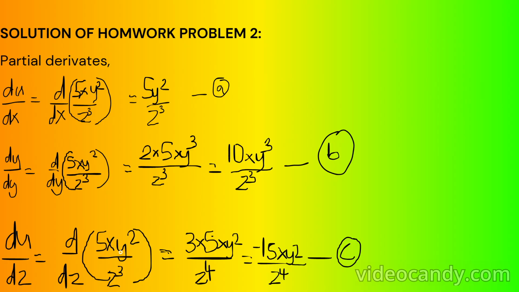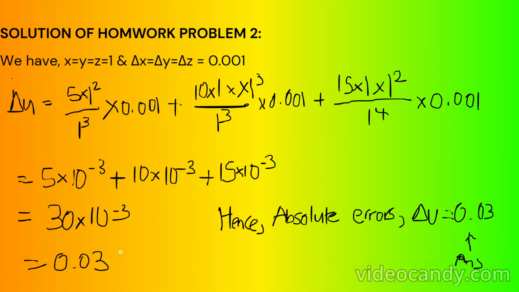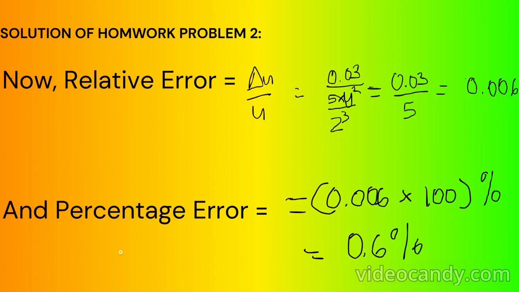So 0.03 is the absolute error. Now relative error: the answer is 0.006 and the percentage error answer is 0.6%.